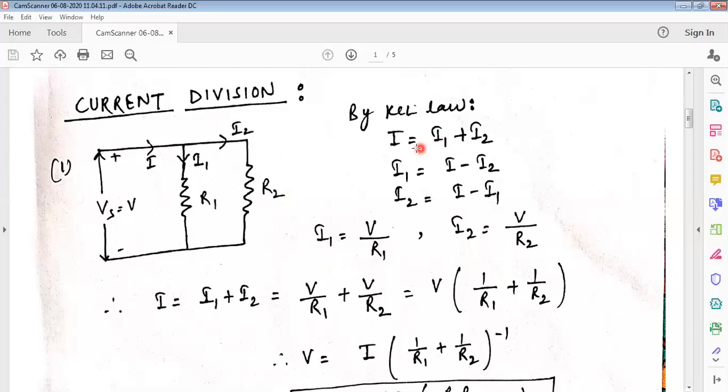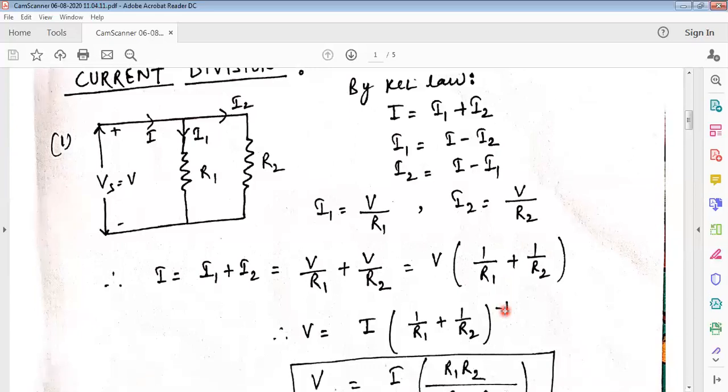Now from this equation, total current is I1 plus I2. So in place of I1, you can write V by R1. In place of I2, you can write V by R2. Now V is common because these are parallel circuits. Voltage is the same, so you can take it as common. Taking V as common, 1 by R1 plus 1 by R2 will be inside the bracket.